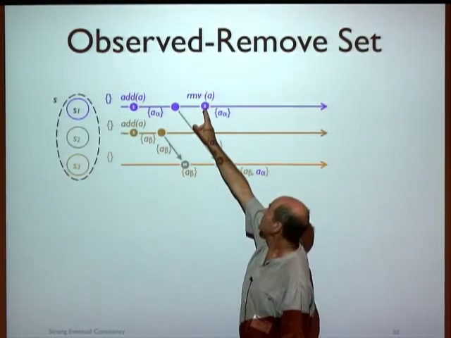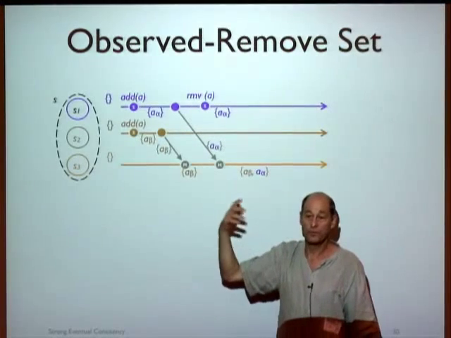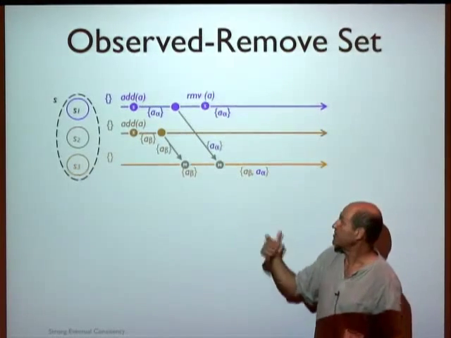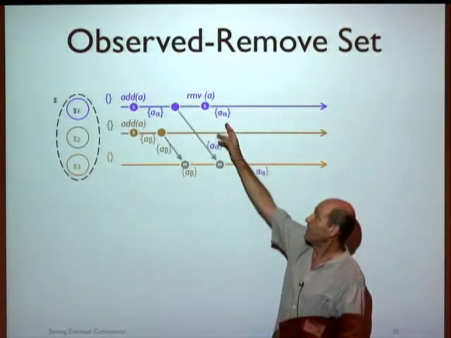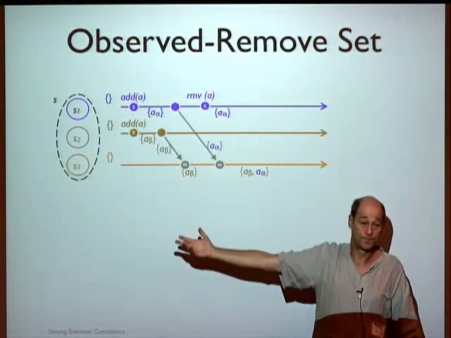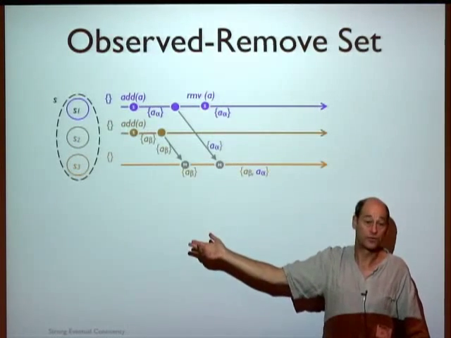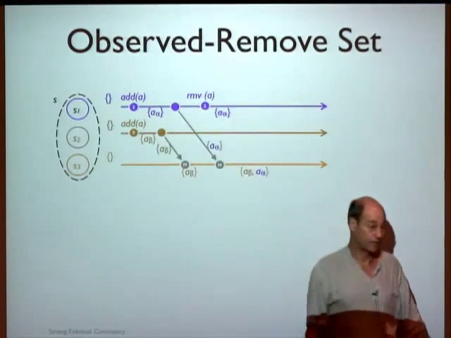So this remove A is actually not going to remove from the set. It's going to mark as deleted all the A's that it could observe. In this case, it's just A alpha.